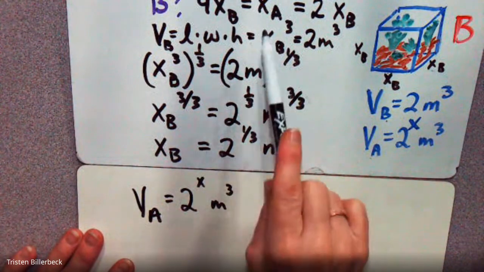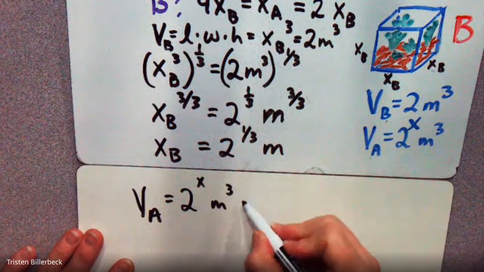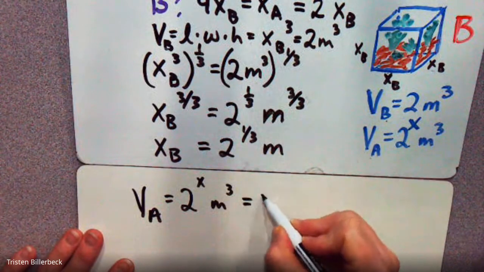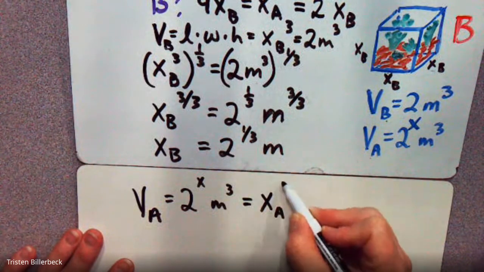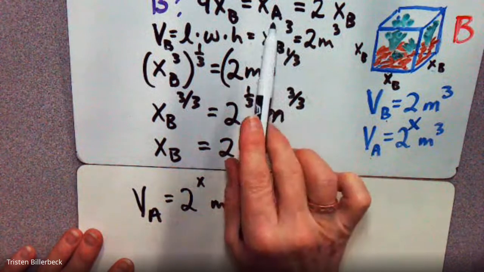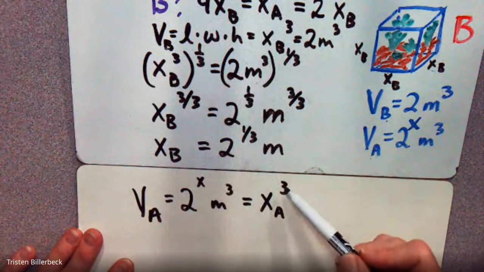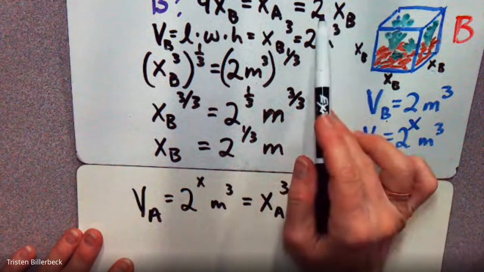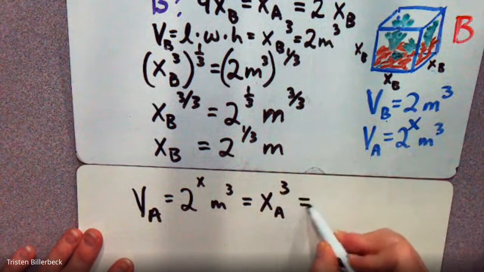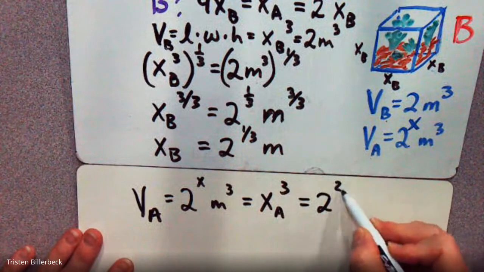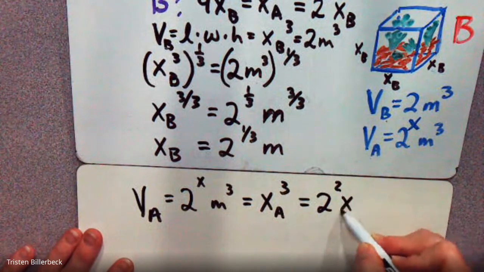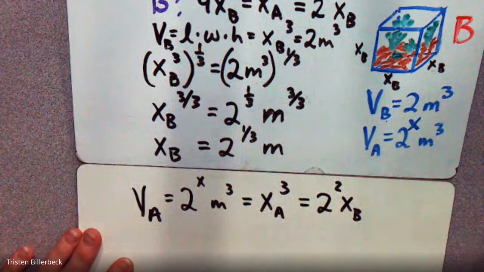We know that the side of A is x^a, to the cube. We also have set this up that x^a cubed equals 2 squared x^b if we use substitution.